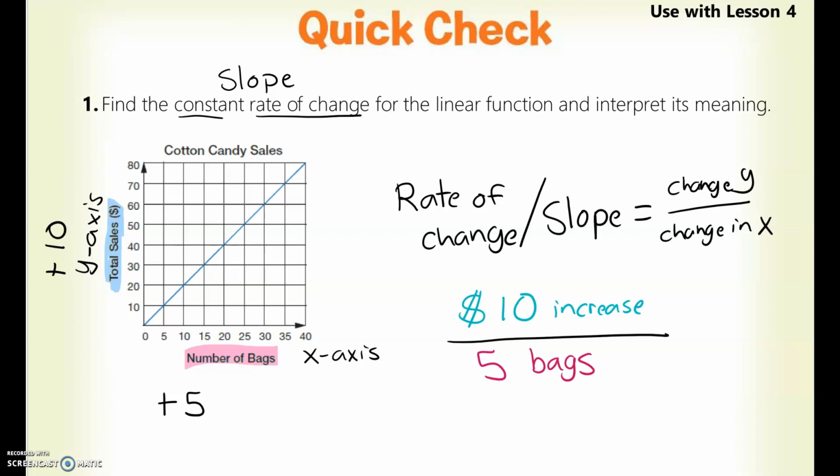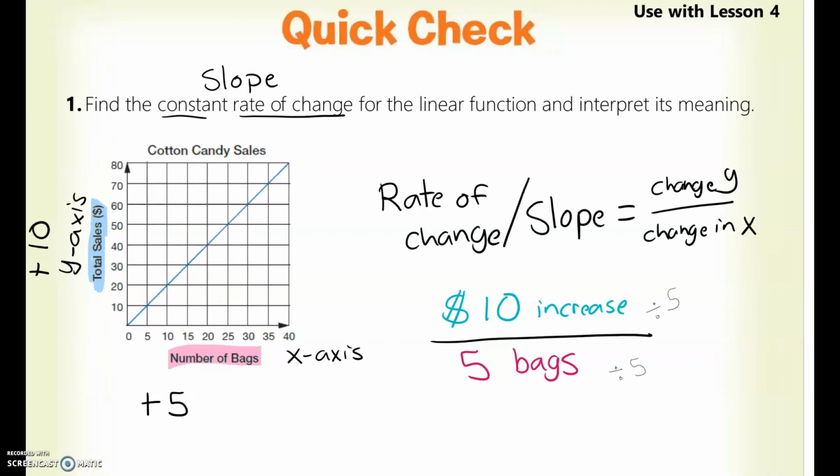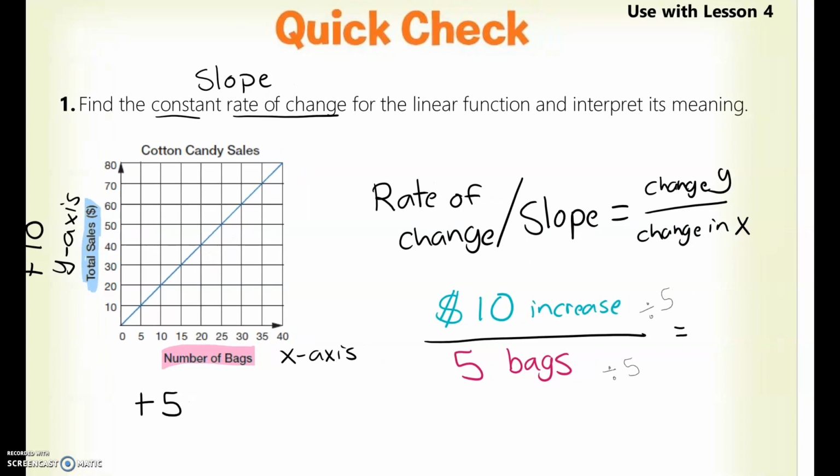We can, of course, reduce this, because it's just a fraction. Those are both divisible by 5. So if we divide both those numbers by 5, we're going to end up with $2 per 1 bag. So that's what our constant rate of change is.